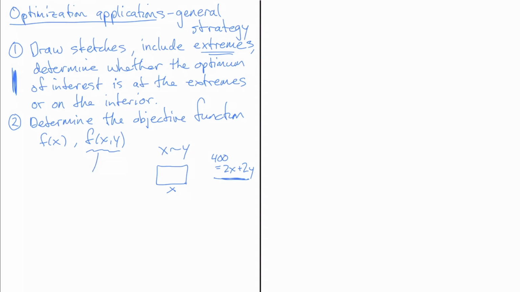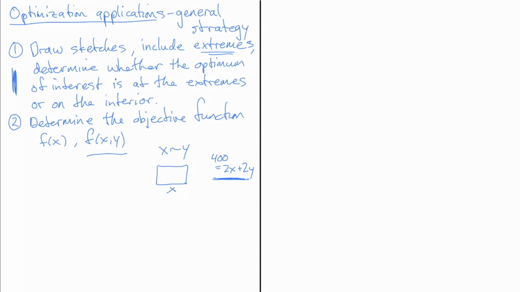So even if you have an objective function that's a function of x and y, you can use the constraint to reduce it down to a function of only x. However, in our course we have a section on multivariable functions, and you can actually optimize functions of two variables as well.